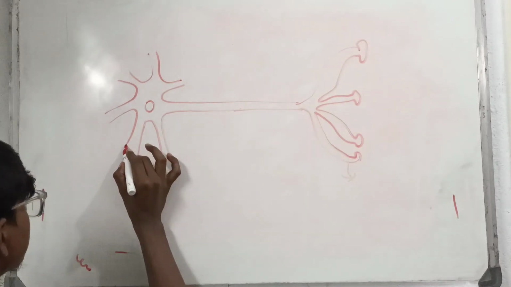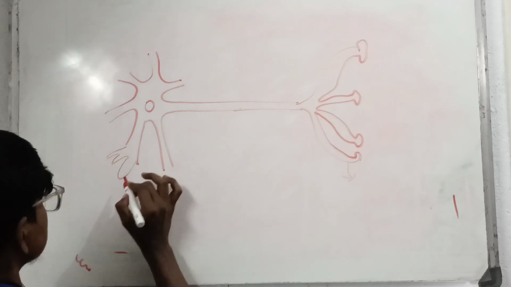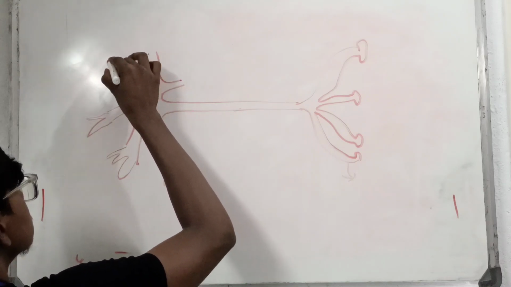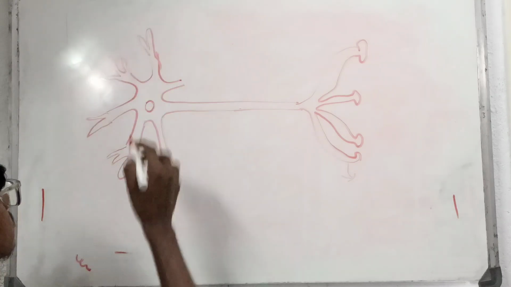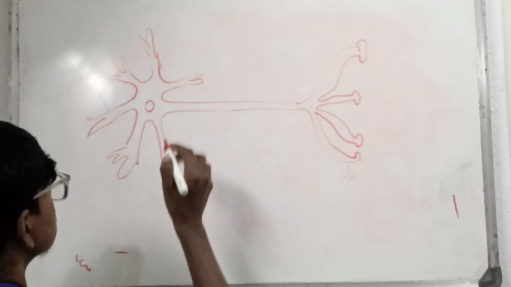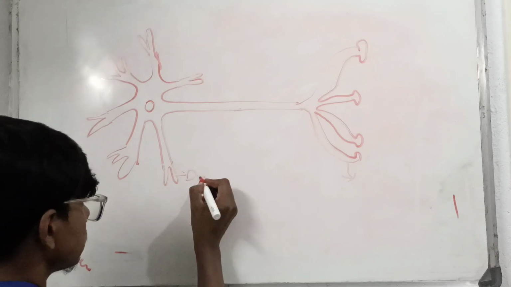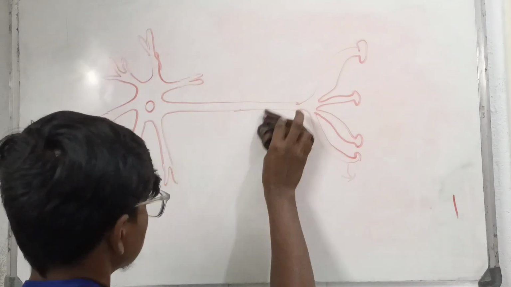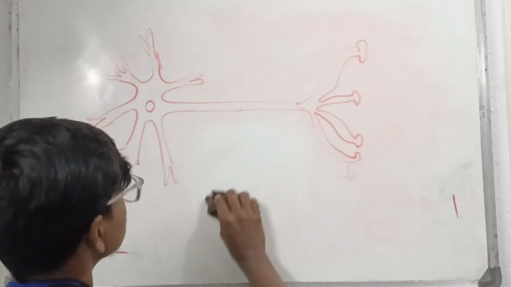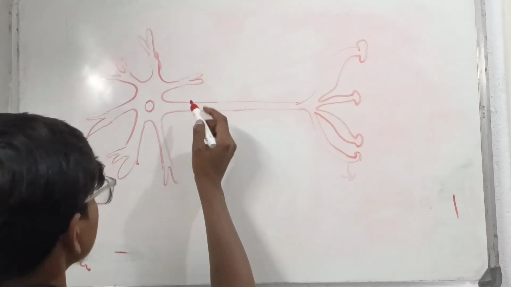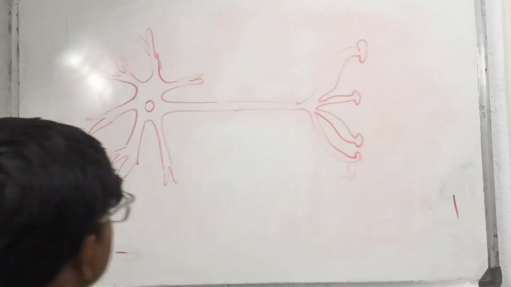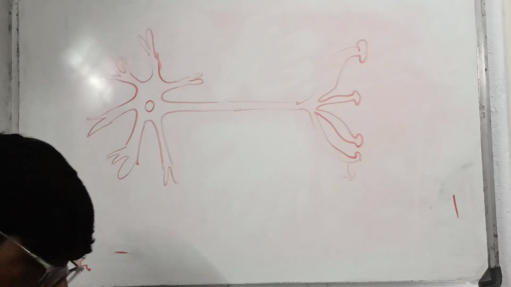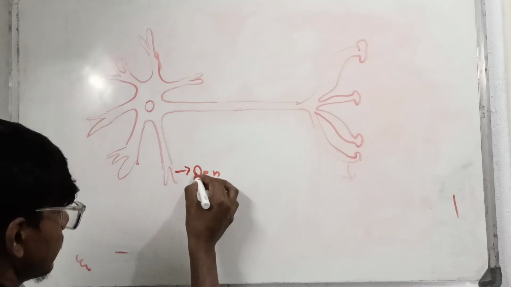This is the diagram of the neuron cell. I will label this also. This is the dendrites.